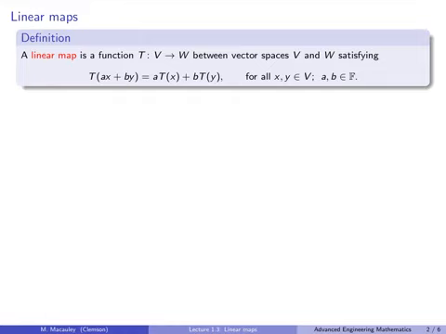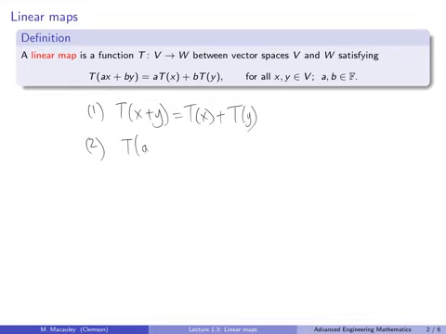Now, there's an alternate definition of this. Instead of this one single condition, you could break this into two conditions. First of all, T(x + y) = T(x) + T(y), and secondly, T(ax) = a T(x).